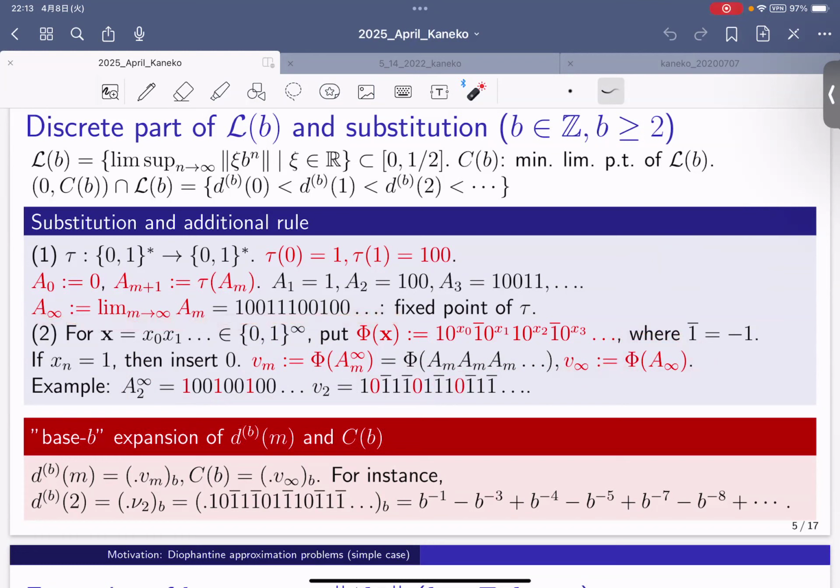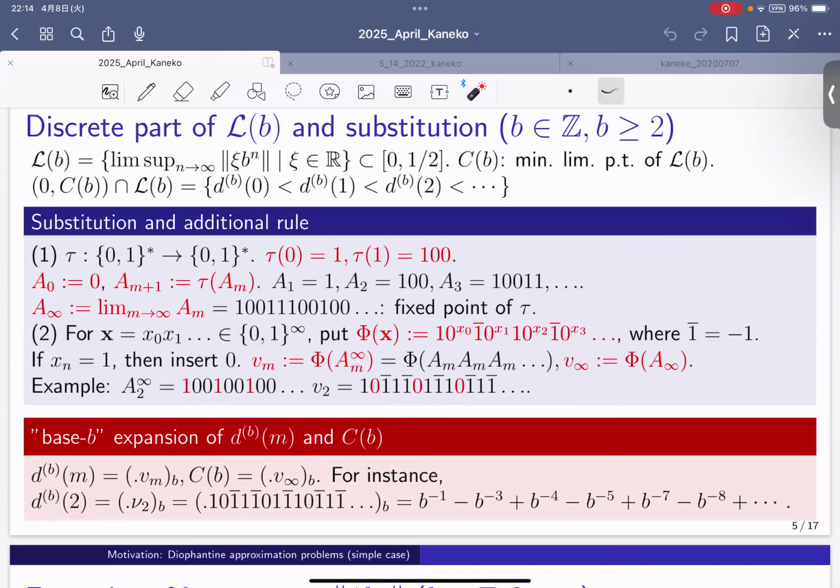And the base B expansions of this D_B and this C_B are written as follows. The base B expansion of this D_{B,m} is written in terms of this V_m. And the base B expansion of this C_B is denoted by this V_infinity.